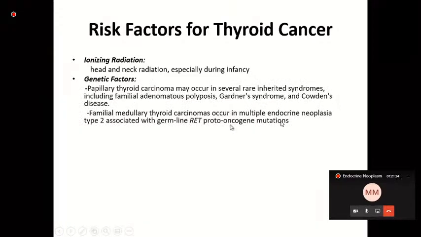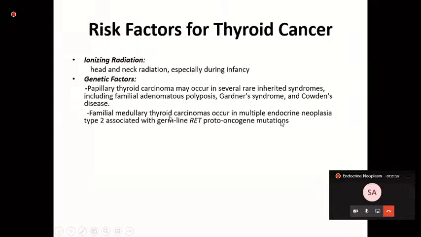Some papillary carcinomas have inherited syndromes like familial adenomatous polyposis, Gardner syndrome, Cowden disease. Also familial medullary thyroid carcinoma in the case of multiple endocrine neoplasia type 2, associated with the RET proto-oncogene. Remember, what is a proto-oncogene? A growth promoting gene.